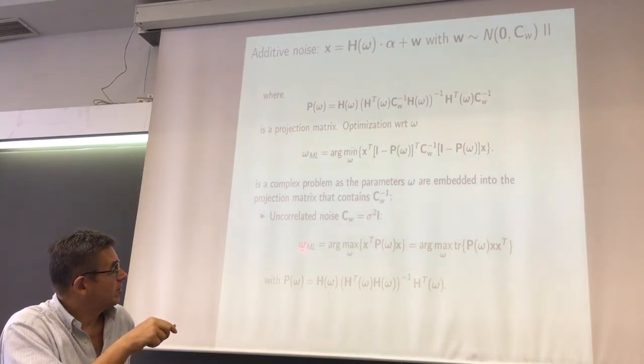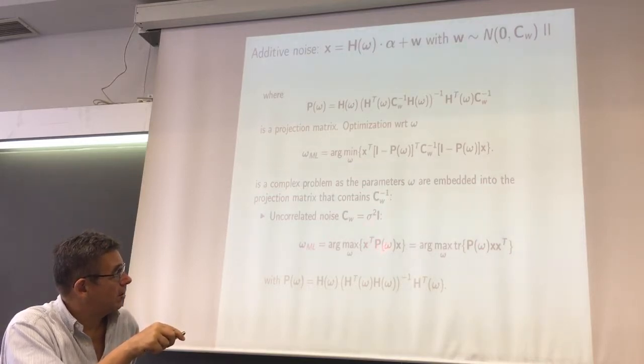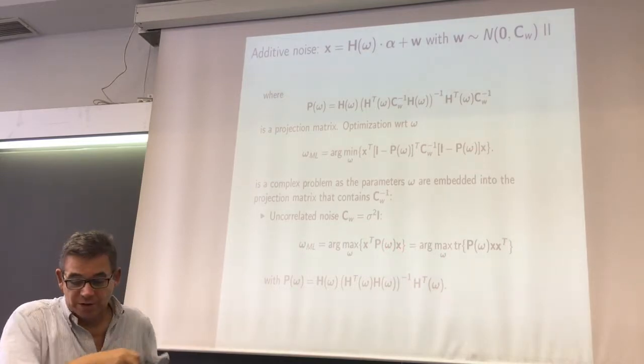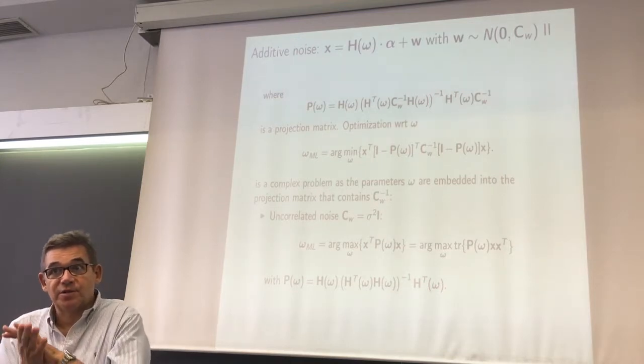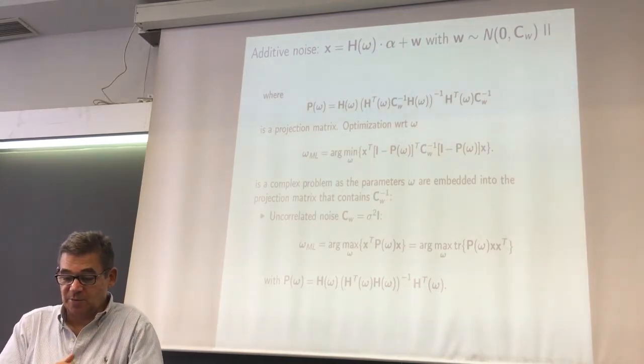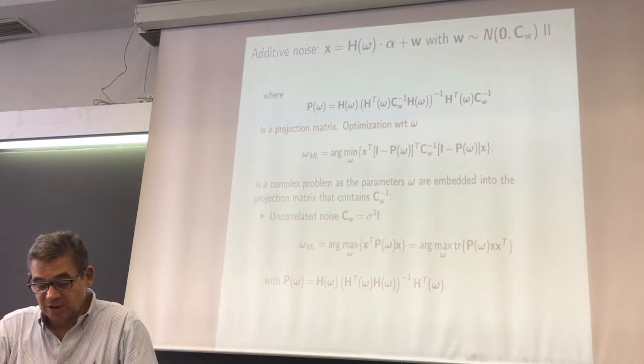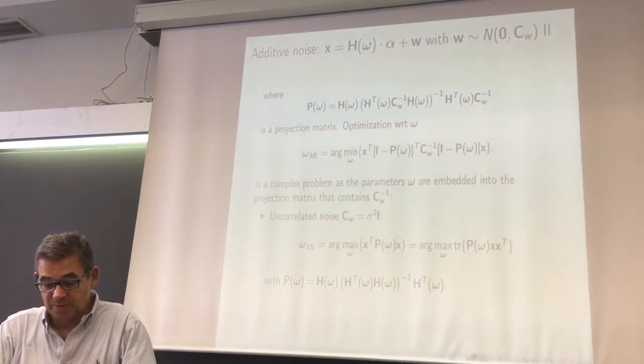So the maximum likelihood frequency estimation is equal to X transpose projector depending on omega, X. What does it mean? Let's look at the meaning, the physical intuition about the interpretation of this optimization problem.